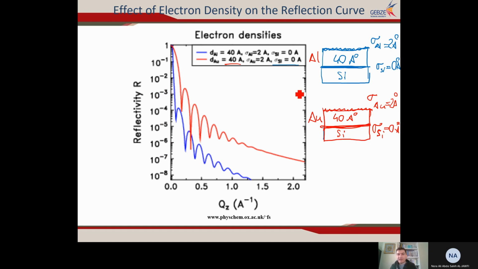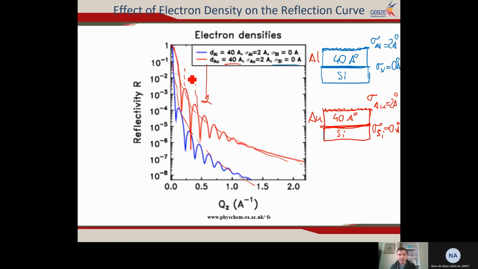So what do you see here? We have the same thickness, but what about the total intensity? The total intensity from the gold is much bigger than the total intensity from the aluminum. It is strange. And what about the distance between the oscillations?